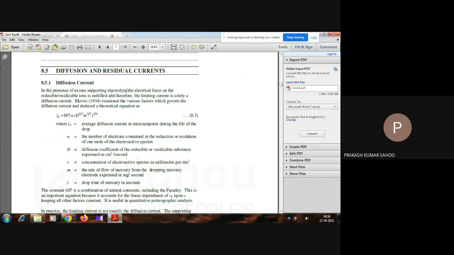This is a very famous equation in electrochemistry, that diffusion current is due to presence of excess supporting electrolyte, that is the salt bridge, when the electrical force on either side of the cell is nullified due to neutralization of the system.